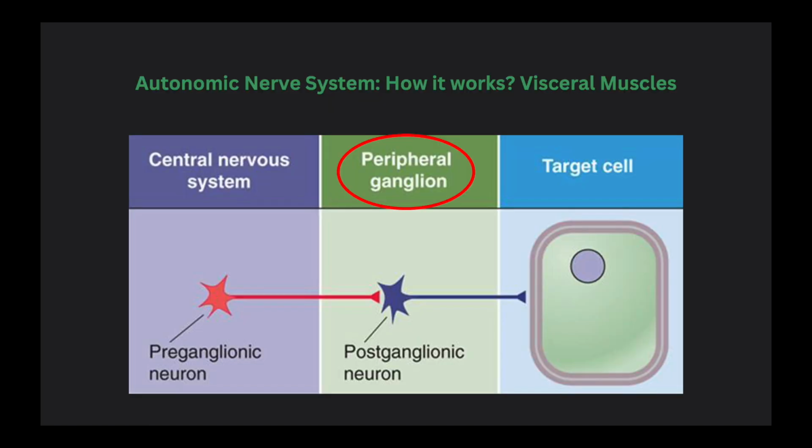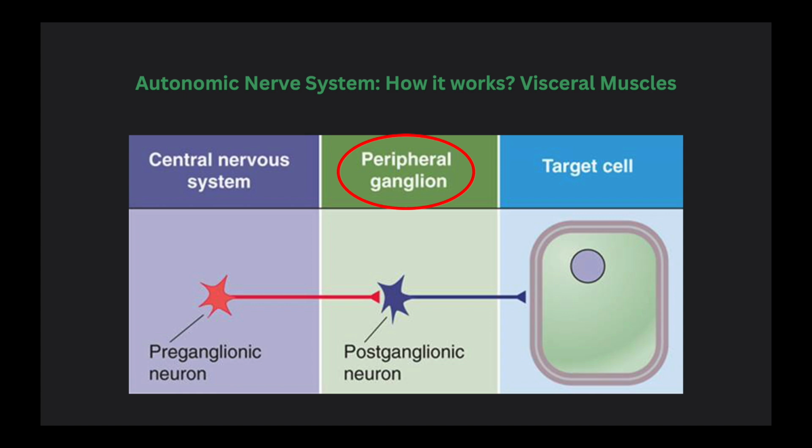The main difference, if we compare the autonomic nervous system from the skeletal or somatic system, is one extra ganglion. We call it the peripheral ganglion. So as in somatic nerve, there is one nerve fiber and one nerve body. Here there are two nerve fibers and two nerve bodies. In between is the ganglion.